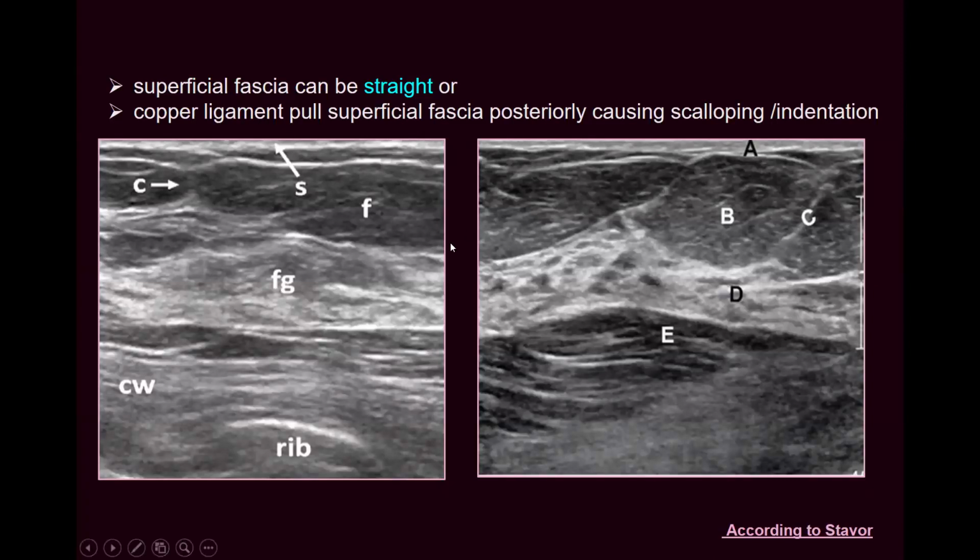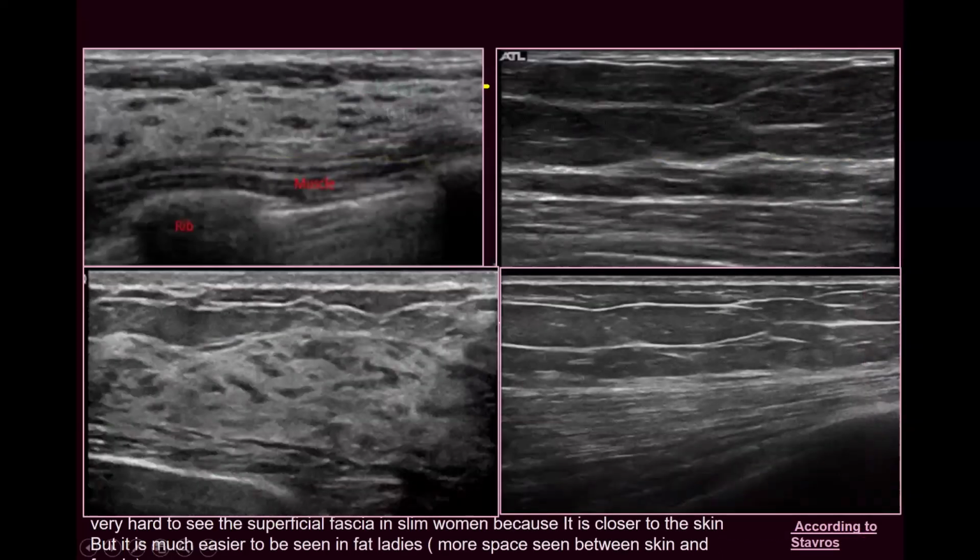And when we look here at the superficial fascia, in this example, the superficial fascia is straight, while in this, there is scalloping or indentation due to pulling of the fascia by the Cooper ligament. So the fascia either can be seen as straight or can be seen as indenting or scalloped.